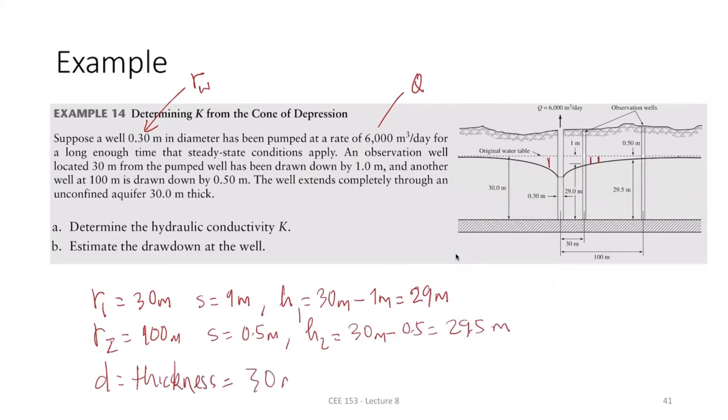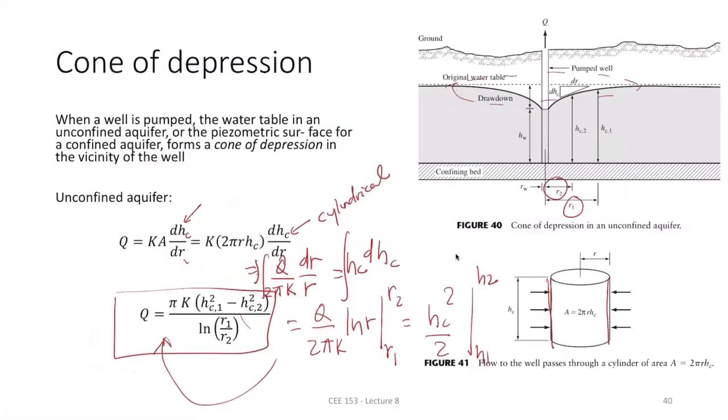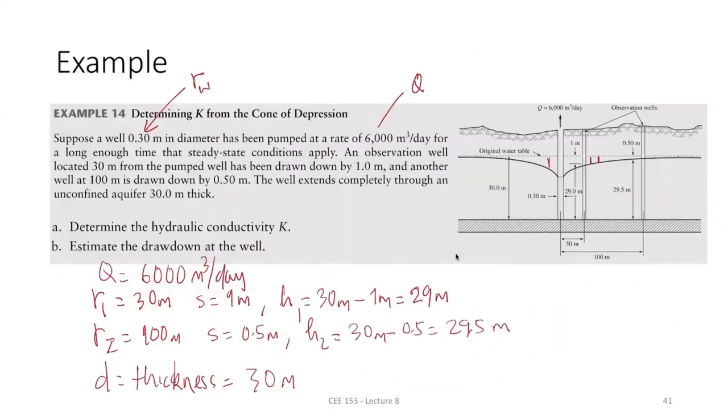30 meter. Okay. And the flow is given. Q is 6,000 meter cube per day. Determine the hydraulic conductivity. Well, you know the expression of Q, then you just have to plug the value and get the answer.